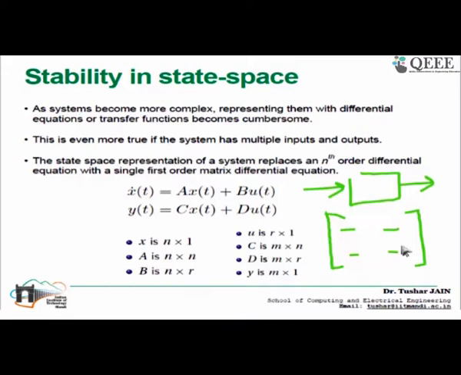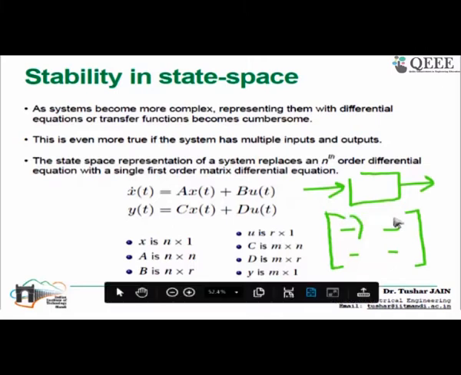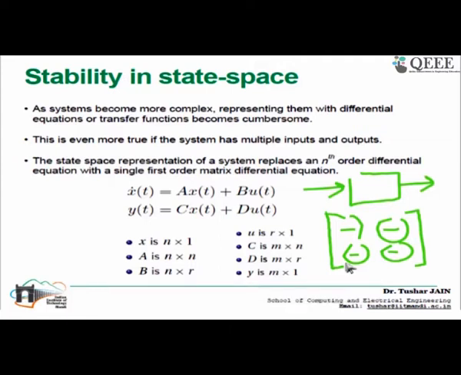To determine the stability of that multi-input multi-output system, we need to see whether all the transfer functions are stable. First of all, we need to see the forward path transfer function, then we also need to see all the sensitivity functions as well. So now you see how many transfer functions we need to examine to finally say that our system is stable, in the case of a multi-input and multi-output system.